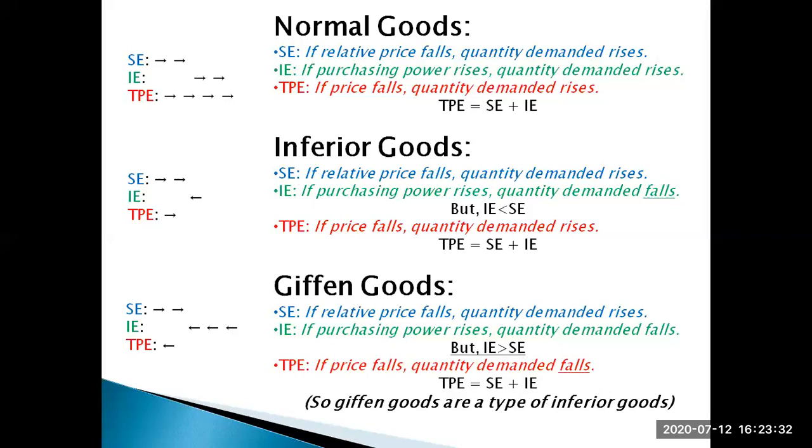So what we are left with is the individual moves back from right to left by 1 arrow. So the entire direction has been reversed. The income effect is in opposite direction and it's stronger than substitution effect, pulling back the individual such that the quantity demanded falls. So that is the prime difference between the Giffen Goods and normal goods.